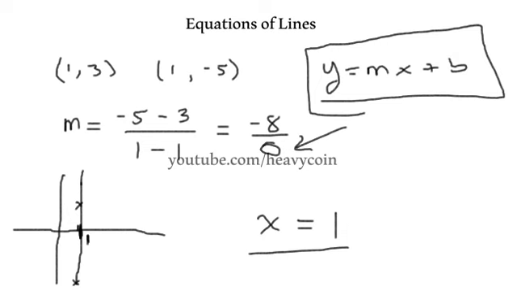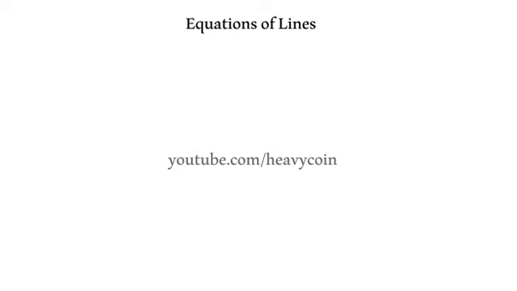Alright. Okay, well, we've been given 2 points. We want to find the equation. Well, what if we were given the slope, and we'll say the slope is negative 3, and we were given a point on the line.